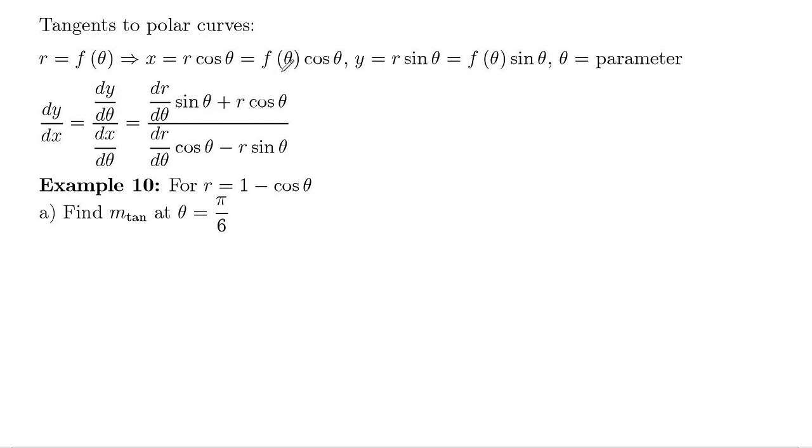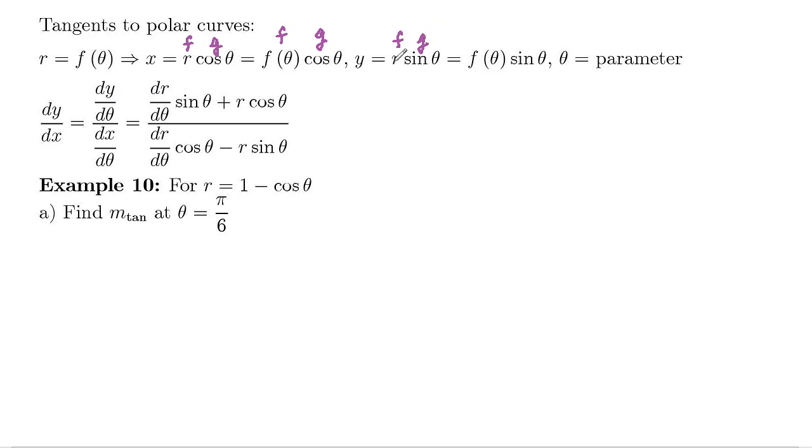So dy dx is dy d theta over dx d theta. Here's our x, and we want the theta derivative of that, so just do a product rule. I'm doing y on the top. Here's your f, here's your g.